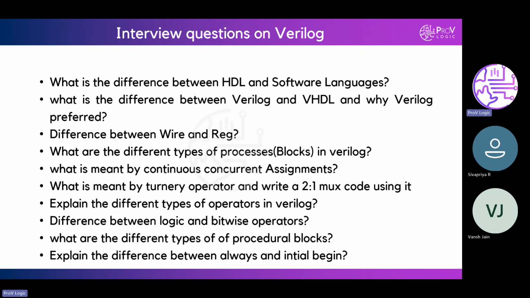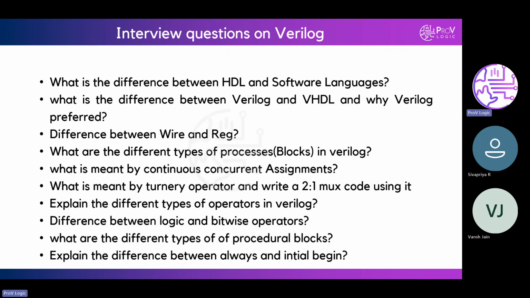My next question is, what are the different types of processes or blocks in Verilog? Guys, did you get my question? There are two types of procedural blocks, initial and always.